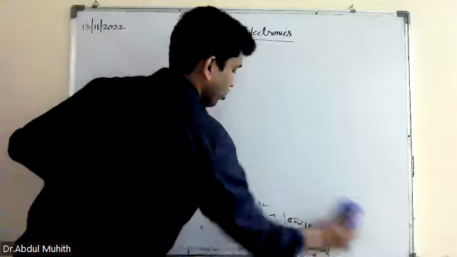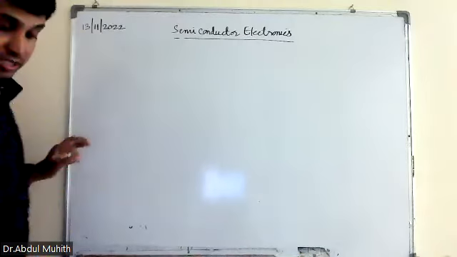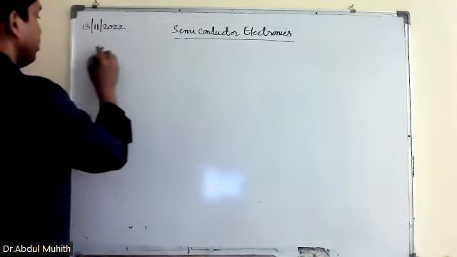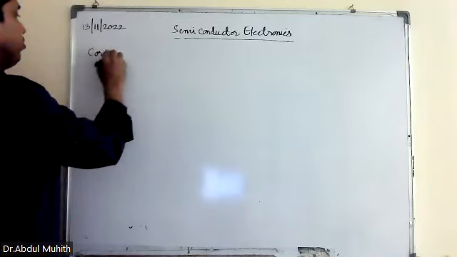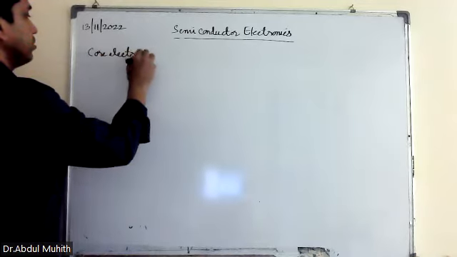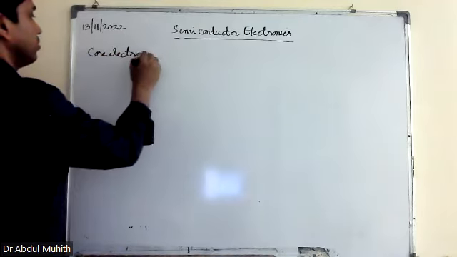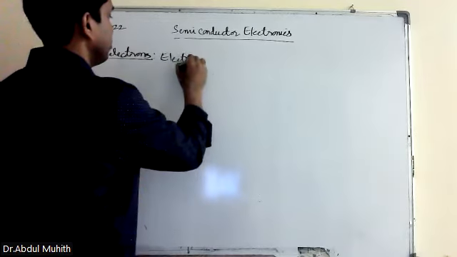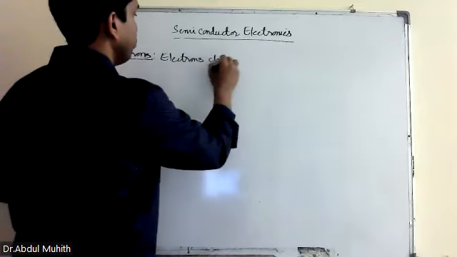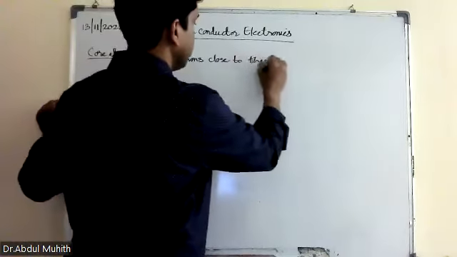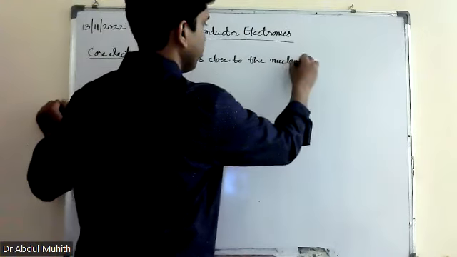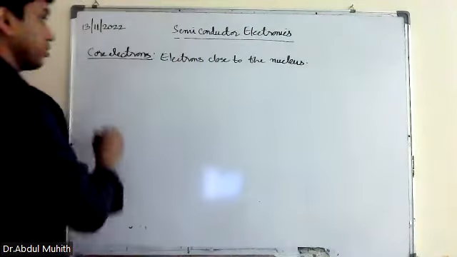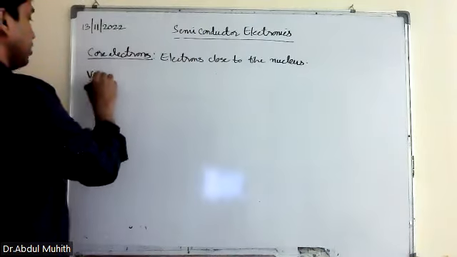Going ahead with the next concept, that is core electrons. So, what are core electrons? Electrons close to the nucleus are known as core electrons. Next is valence electrons.